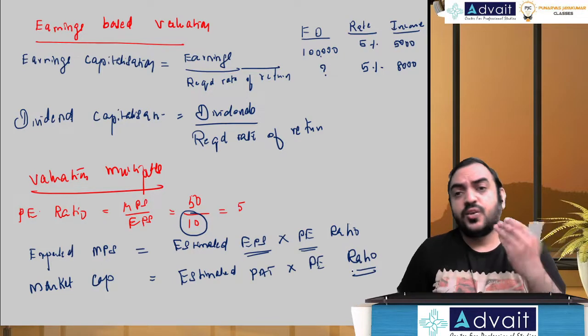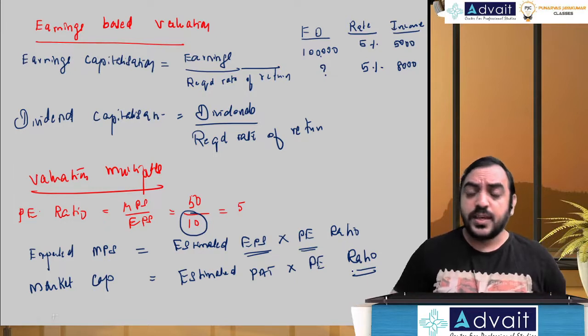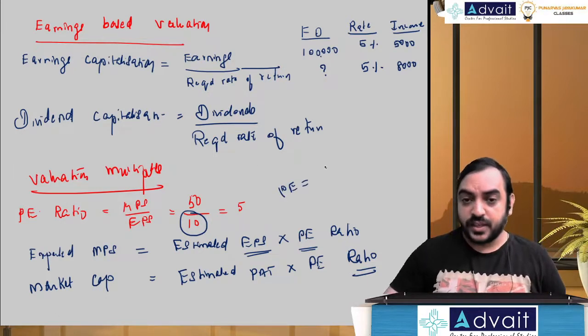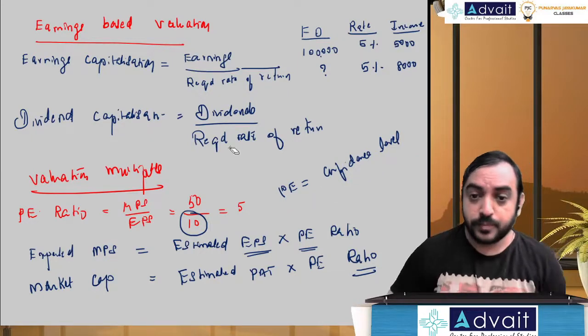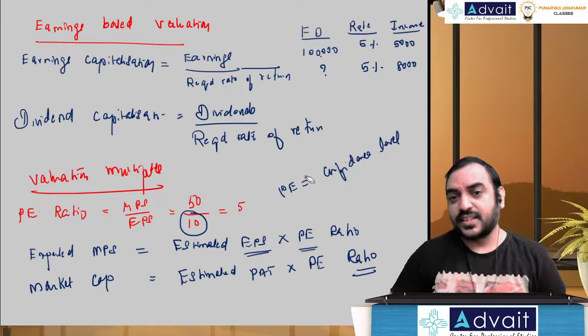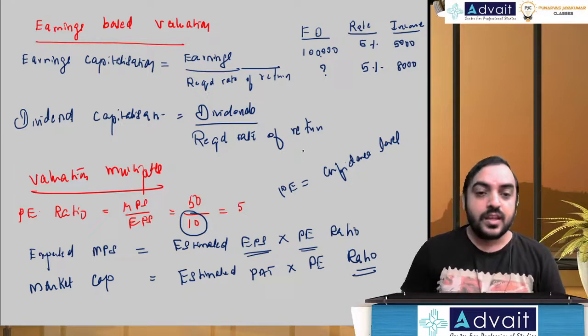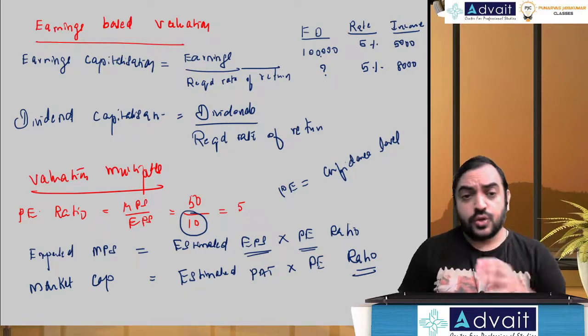That will give you the value of the company. So you can also say P ratio is the confidence level. You can also say P represents confidence level. Okay, so this is P ratio, valuation multiple.